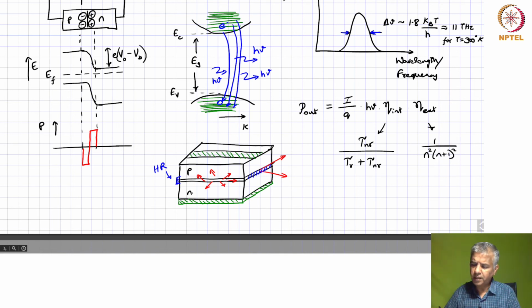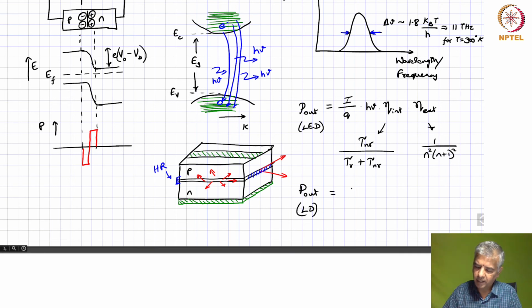So if we were to look at the output power, what we defined here is output power for an LED, but the output power for a laser diode will be given by h nu over q, eta int, that is the same as before, but now instead of the current directly giving you the stimulated emission, for that to happen, it has to overcome a certain loss inside this structure.